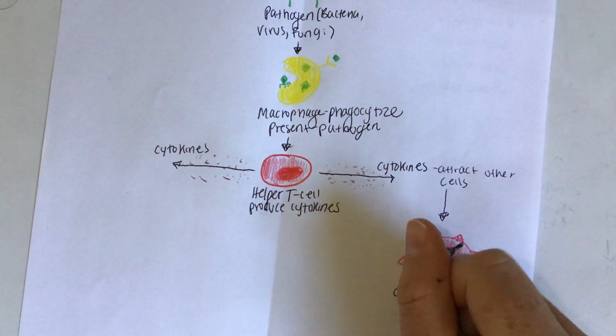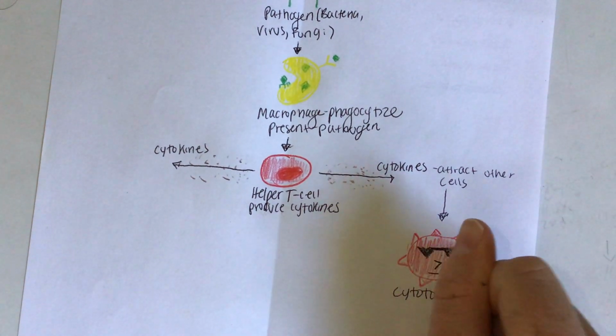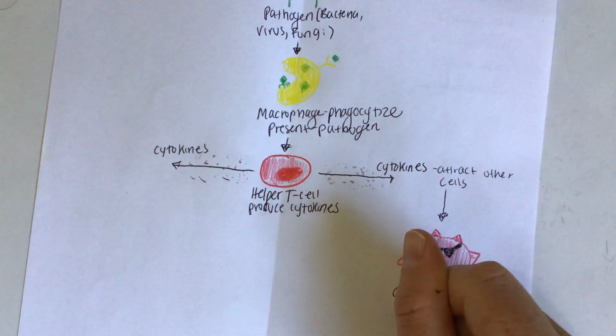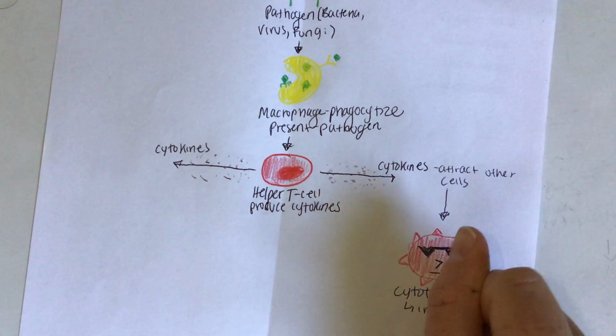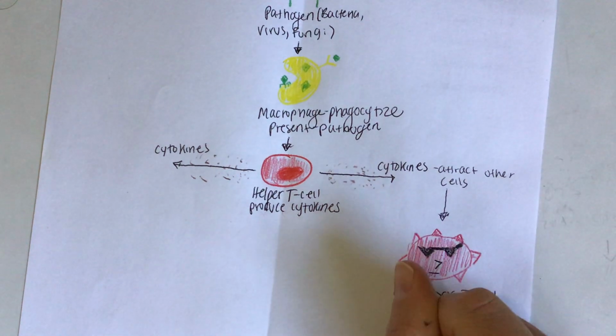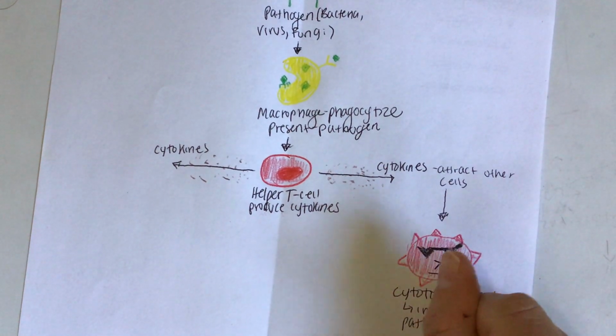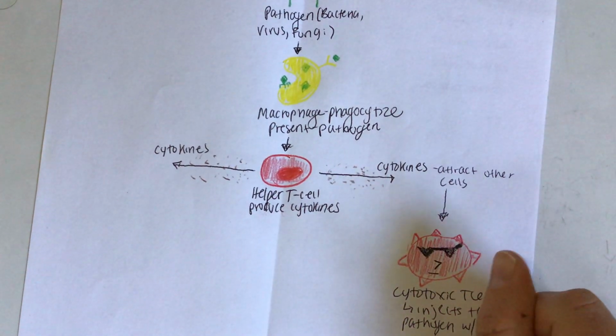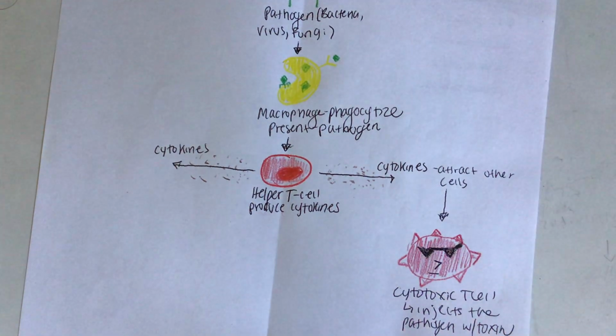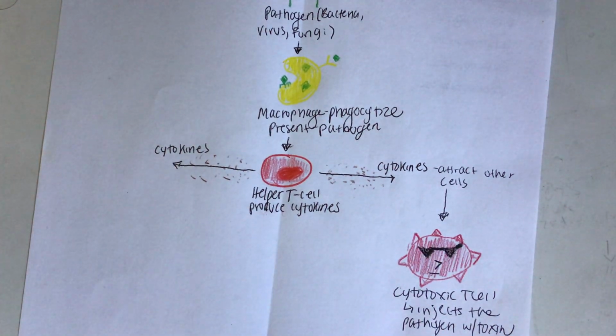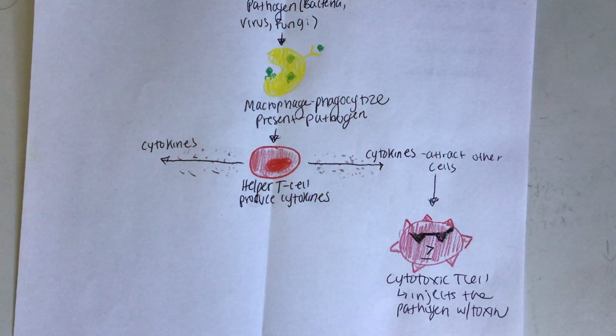And we'll label this as our cytotoxic T cell. Injects the pathogen with a toxin. Okay, so that's cell-mediated immunity.